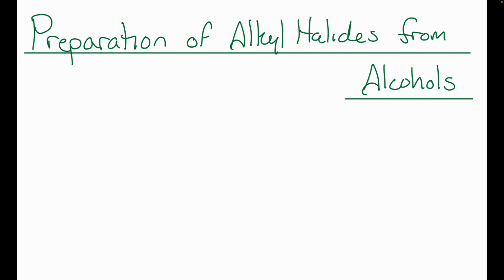Okay, and we're going to have a slightly different technique for doing so, depending on our degree of substitution of our alcohols. So in the same way that we classified our carbons as primary, secondary, tertiary, we can do the same thing with alcohols.